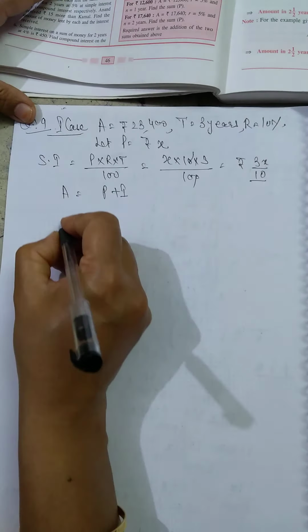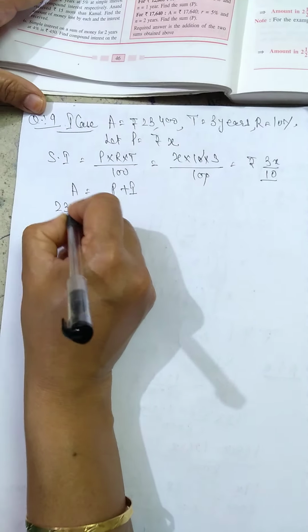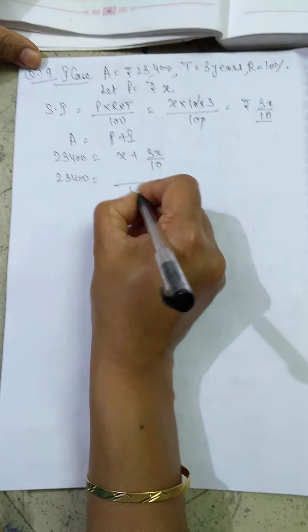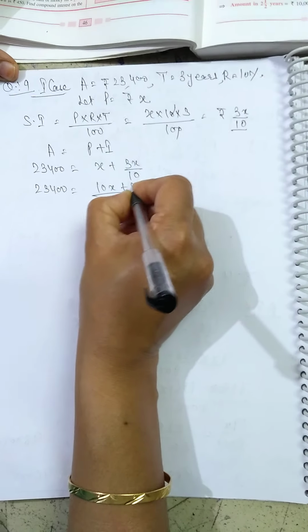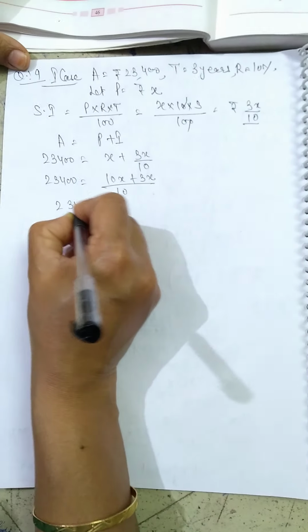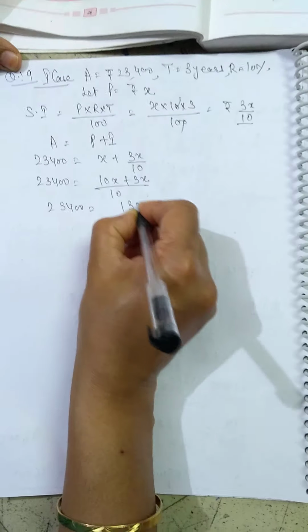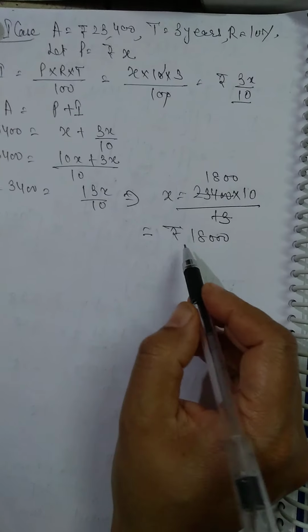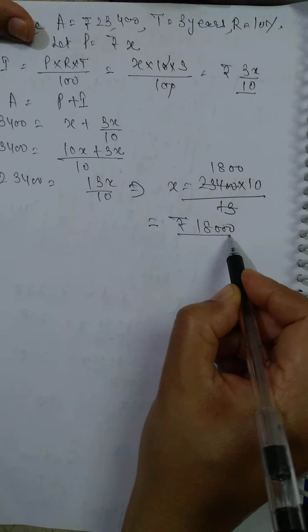So apply the formula for amount. Take the LCM. Values, we will get the principal rupees 18,000.